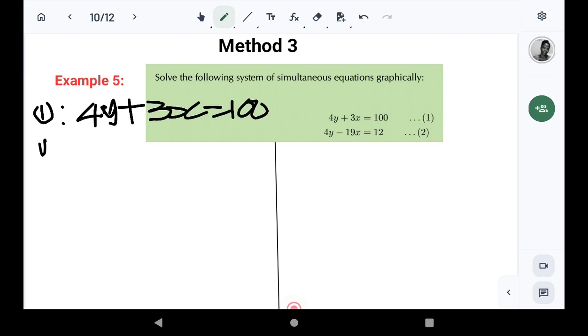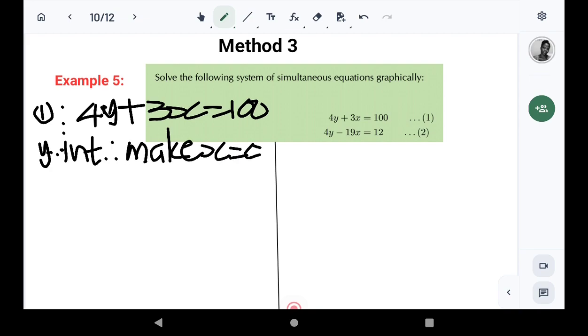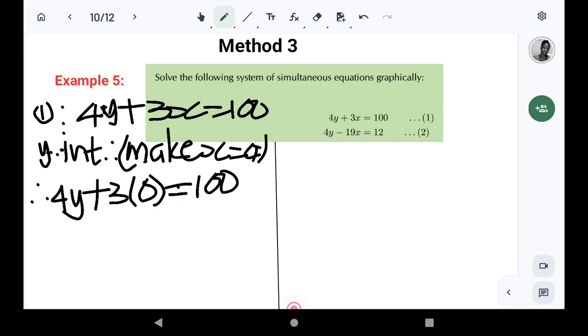Now to find the y-intercept, you must make x 0. Always remember that. Make x 0. So you go 4y plus 3 times 0 equals 100. And you're left with 4y equals 100.